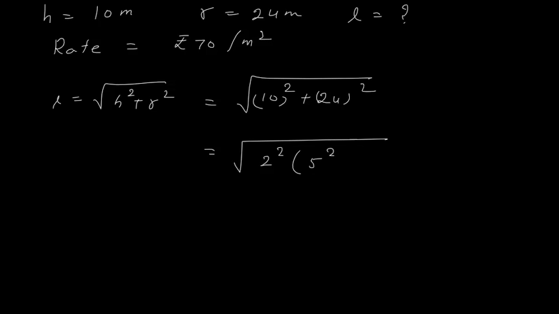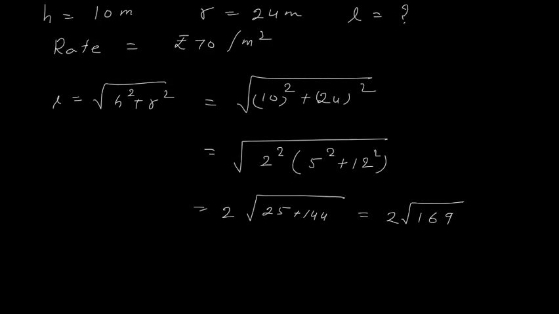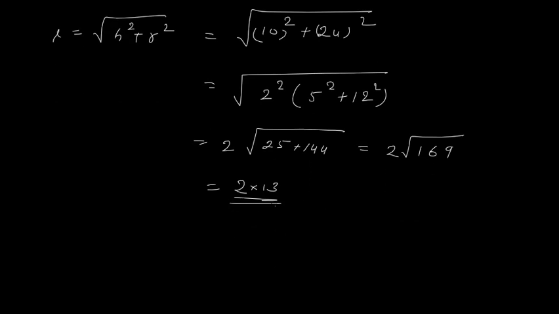So here we have 5 square plus 12 square. Okay, so this 2 I will take out. Now 5 square is 25, 12 square is 144, and I will get 169. So this is 2 into 13. So 2 into 13 is 26. 26 meter is slant height.